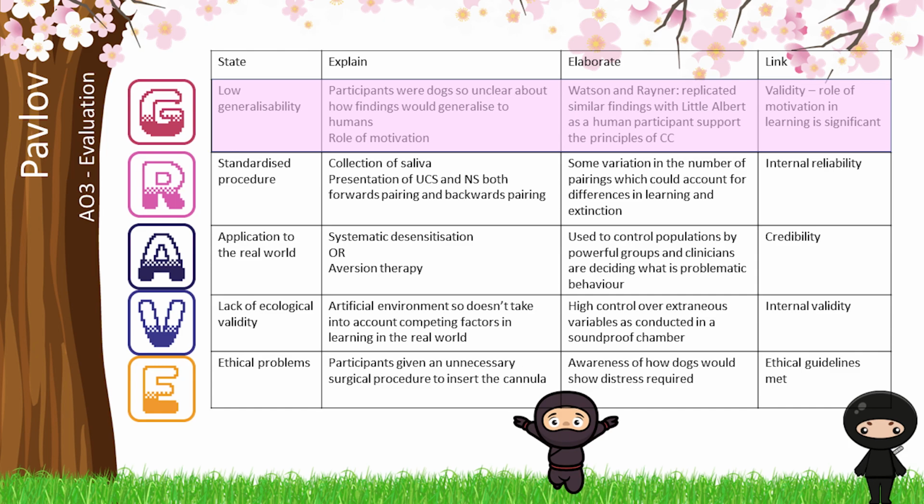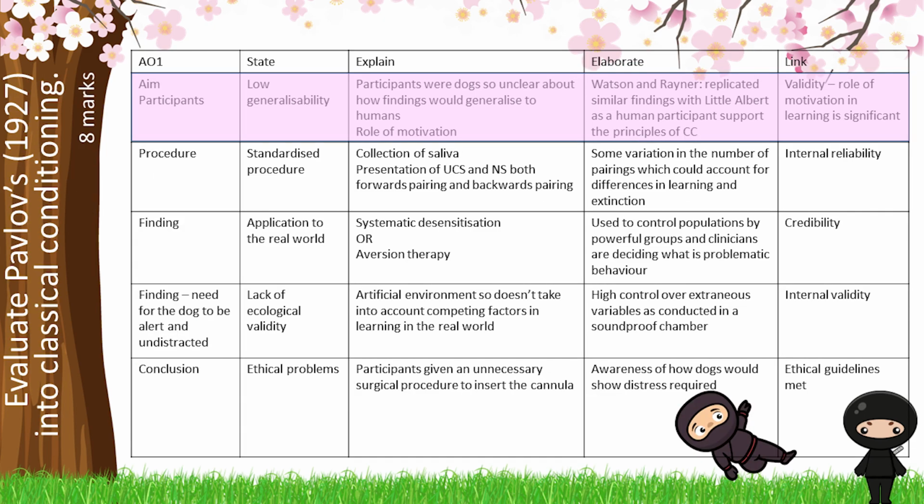Yes, we can't generalize this to humans because of the role of motivation and that being critical in human learning. You can counter this with findings have been replicated with human participants using our classic study of Watson and Rayner. Here we're thinking about population validity and the role of motivation in learning is significant, so it lacks population validity.